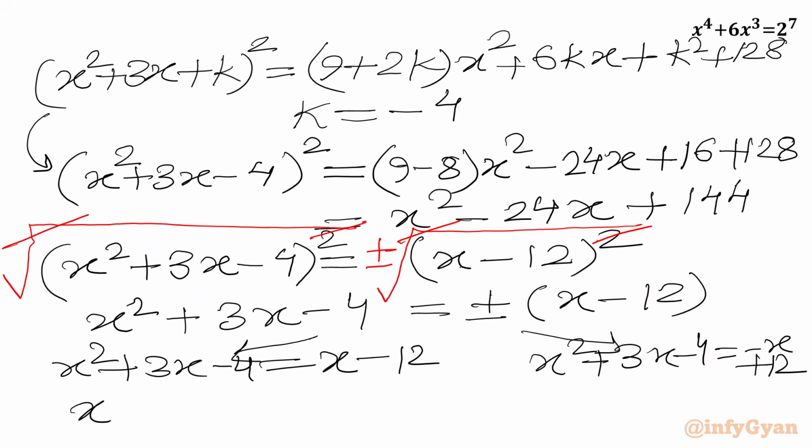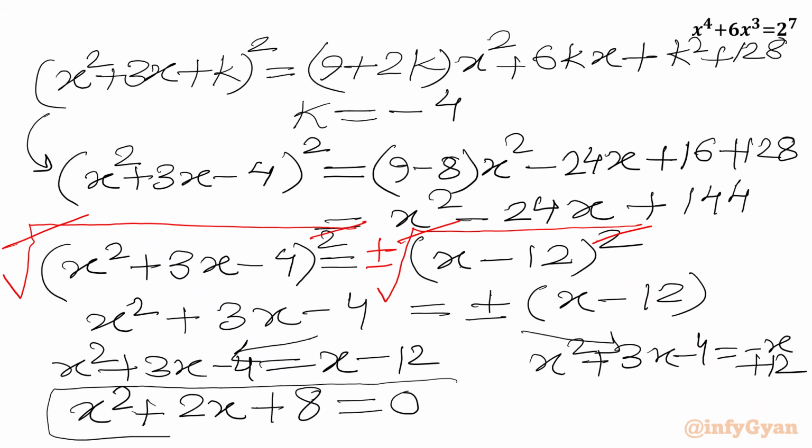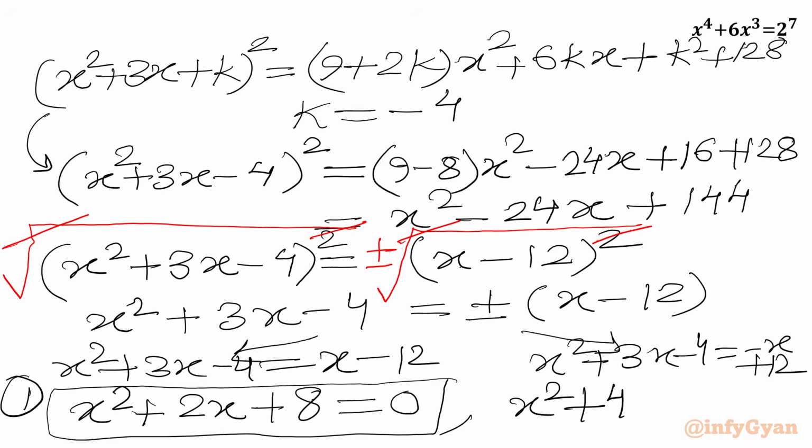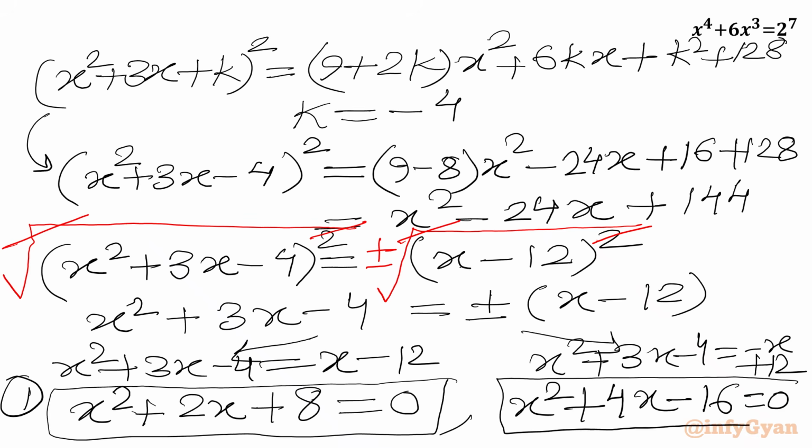We'll be getting two quadratic equations: x square plus 2x plus 8 equal to 0 as the first quadratic equation, and the second would be x square plus 4x minus 16 equal to 0. We'll solve both the quadratic equations using the completing the square method.